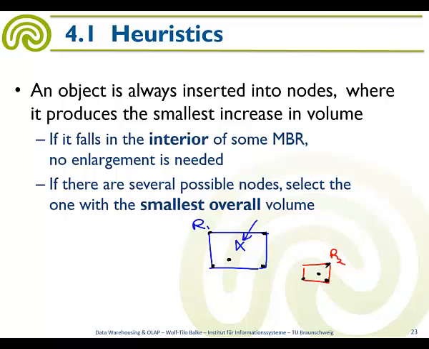Very good. If it falls somewhere outside, then you have to make the decision as to which cluster you should grow to include it, R1 or R2. The one with the smallest overall volume, so probably R1, only this volume over here, should then be chosen. Good?